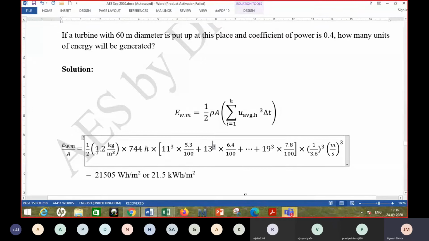So you are finding the energy content in the wind only for the month of March, so you are taking 744. So the average value of the velocities is put here, and the fraction is multiplied with that. 744 hours is common to all.